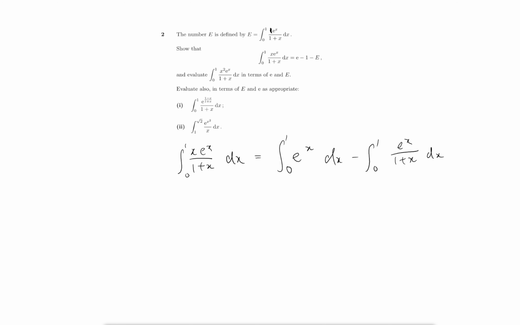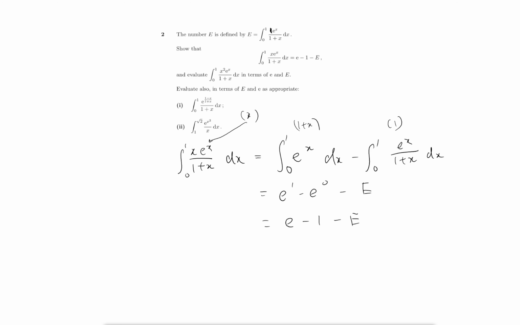Because that's the 1 plus x bit, that's the 1 bit, so you're left with the x bit. So that equals e to 1 minus e to 0, and we know that is big E. So the first part comes out nicely: e minus 1 minus big E.